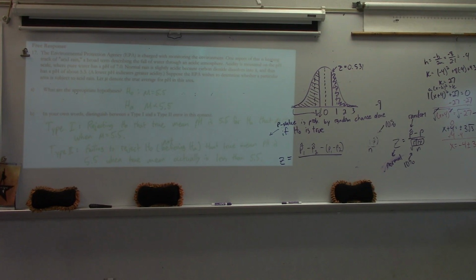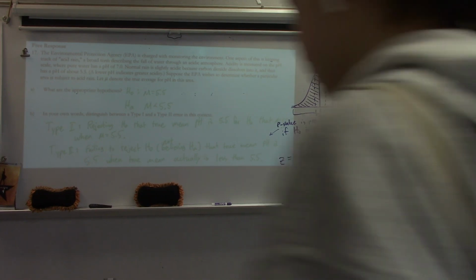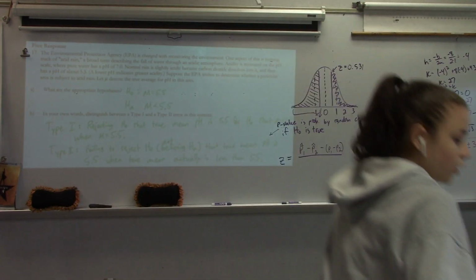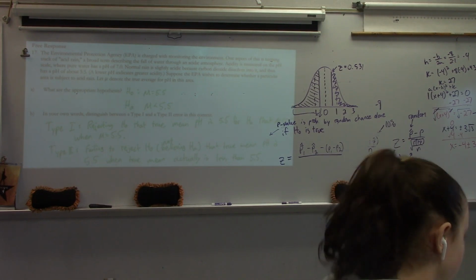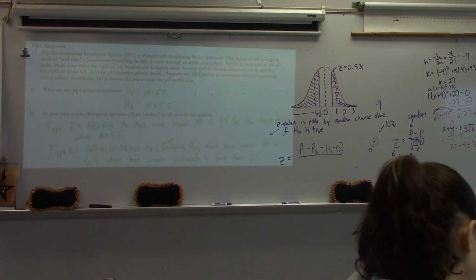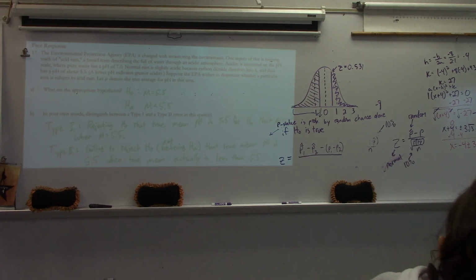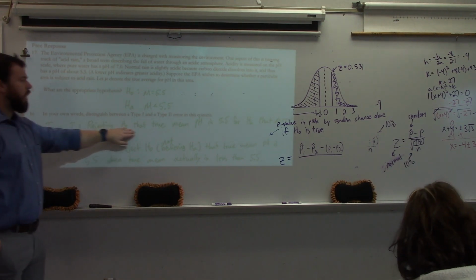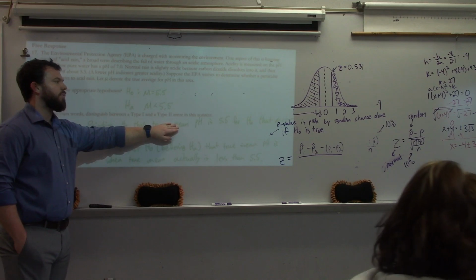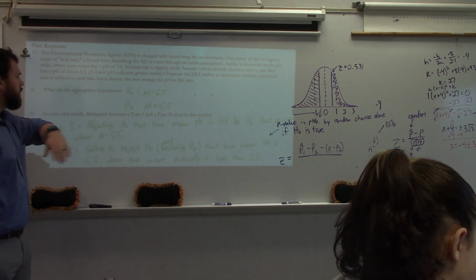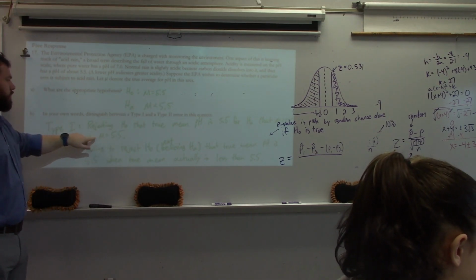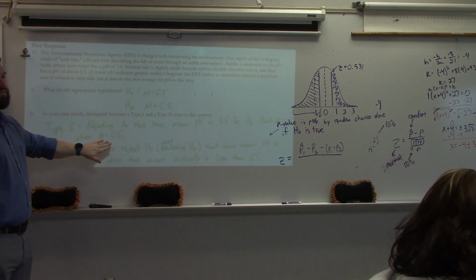So, type 1 error, reject your null when the null, yes. Haley? So we don't have to include any context for the hypothesis? If I was running a hypothesis test, yes. Probably should have or could have here, but that was all I was looking for. Okay. Maybe I should include that for the future. But notice type 1, rejecting the null hypothesis that the true mean is 5.5 for the alternative.